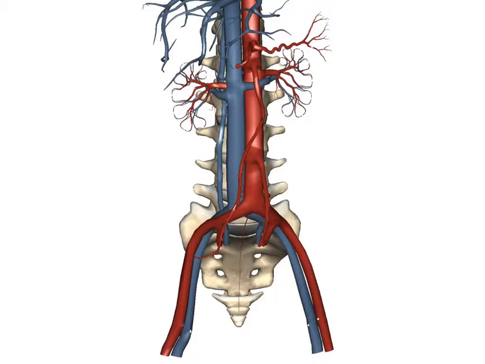This image is actually quite nice because it shows the IVC and abdominal aorta next to each other. Now, all of the different veins and things interconnect. It also shows quite nicely the tortuosity of the splenic artery there.